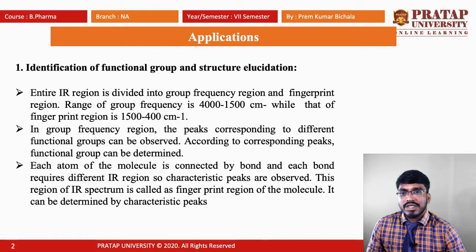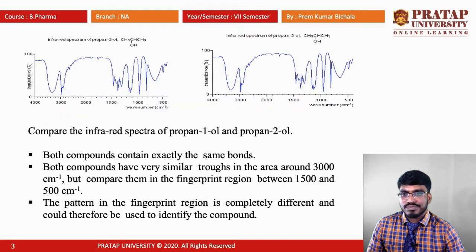In this group frequency region, we get one wave number for different functional groups according to their absorption of IR radiation. Whereas in the fingerprint region, we can observe a unique pattern for a specific compound. So no two compounds are similar in this fingerprint region.